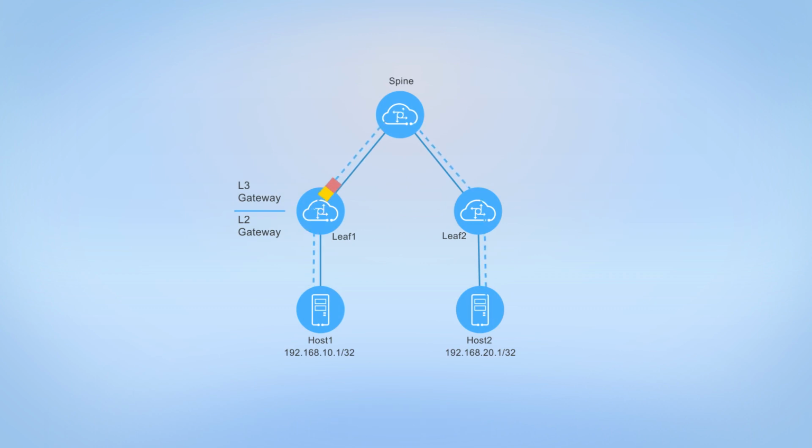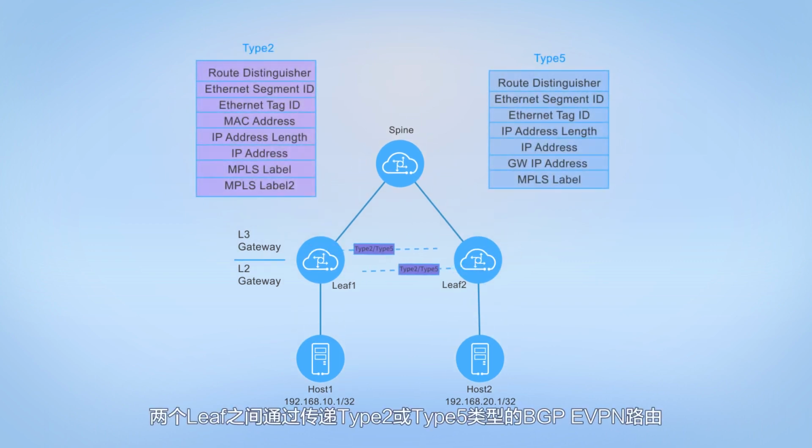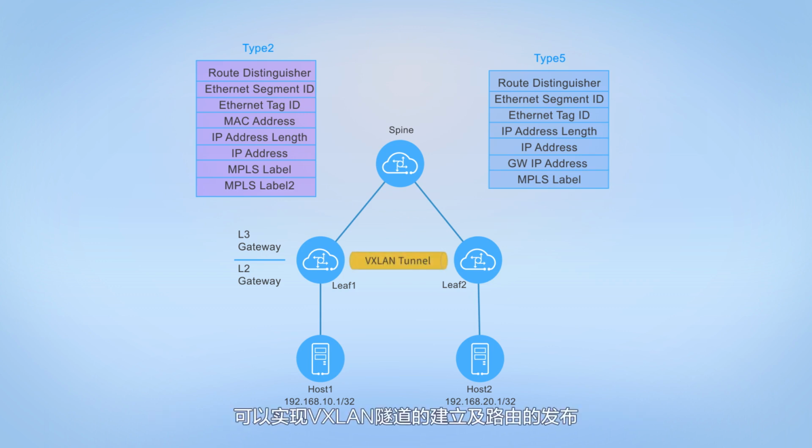In this scenario, spine nodes function only as transparent transmission nodes, and leaf nodes function as VXLAN layer 3 gateways. Type 2 or Type 5 BGP EVPN routes are transmitted between the two leaf nodes to establish VXLAN tunnels and advertise routes.